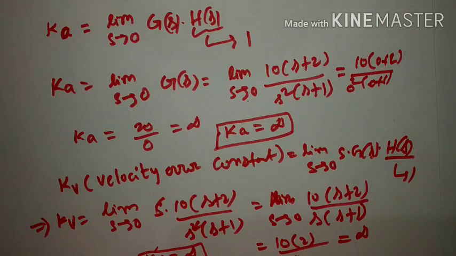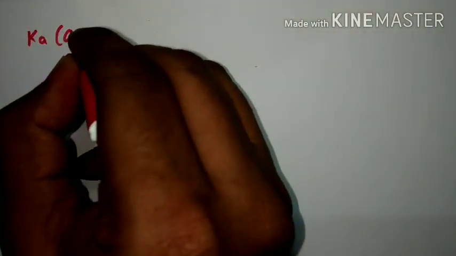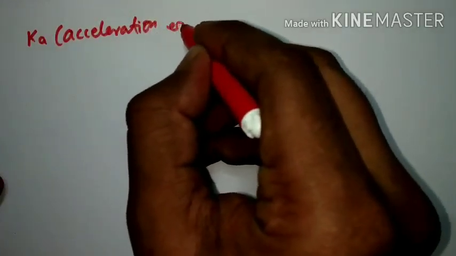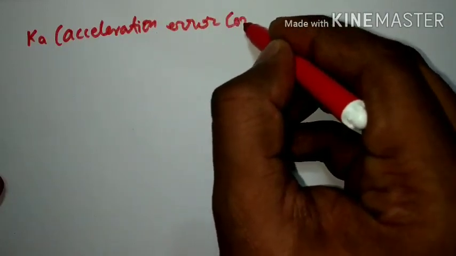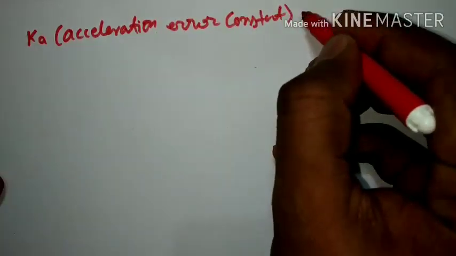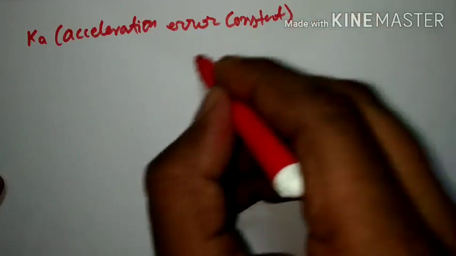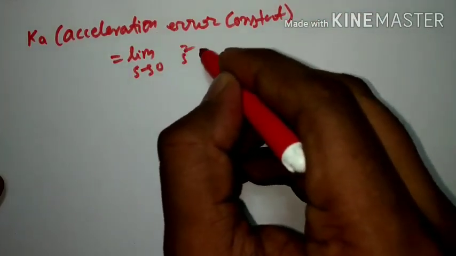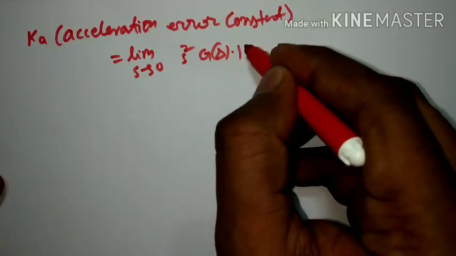Next we will find Ka, the acceleration error constant. Ka is equal to limit s tends to 0 of s square into g of s into h of s.